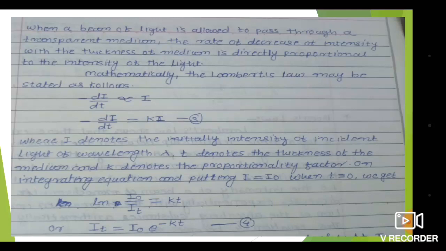On integrating equation 3, putting I equal to I0 when t is equal to 0, we get ln of I0 upon IT is equal to kt, or IT is equal to I0 e raised to minus kt. That is equation number 4.